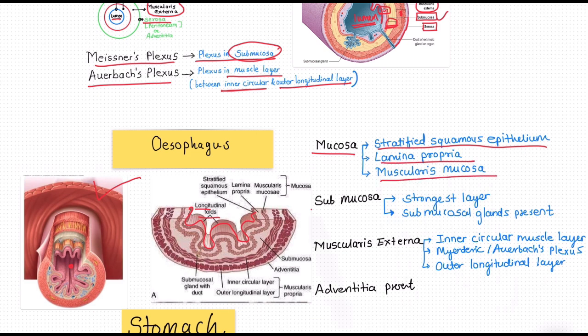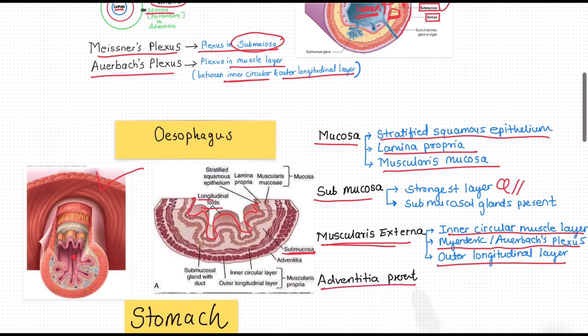Then submucosa, which is the strongest layer. Okay, submucosa is the strongest layer, and submucosal glands are present in submucosa. Then muscularis externa, which is inner circular muscle layer, and Auerbach's plexus are located in muscularis externa and outer longitudinal layer. Then Adventitia is present. Adventitia is the outermost layer.